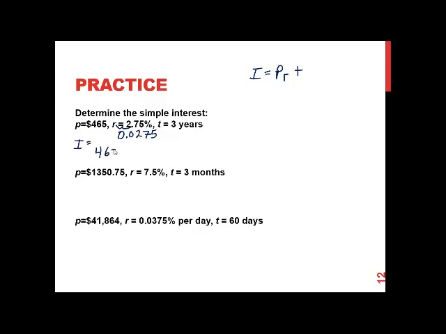So $465 times 0.0275 times the time in years, and since this is an annual rate, we're going to do it per year, number of years, and multiplying that all out, I get $38.36.